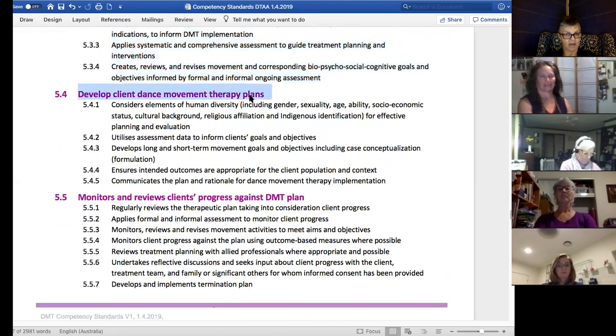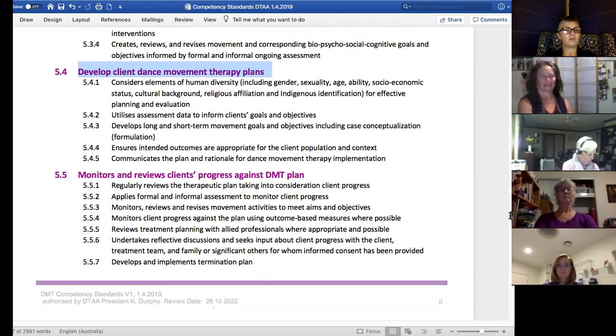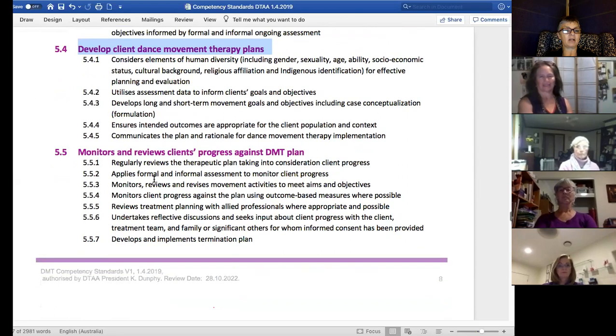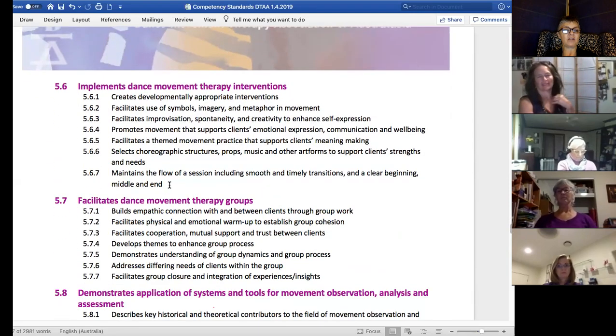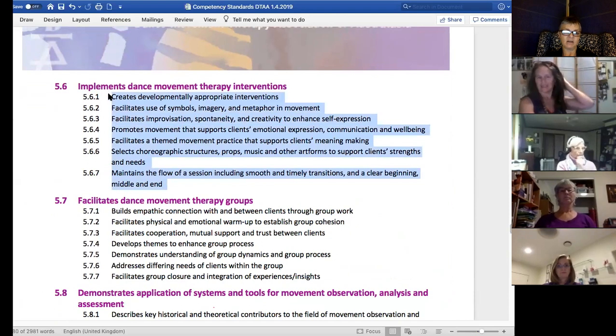So that's our process of being effective practitioners by addressing client needs, being thoughtful about client needs. We monitor and review their progress against the plan. We implement interventions, and then we've got a range of aspects here, which is the dance and movement, choreography, symbols and imagery, and other art forms.